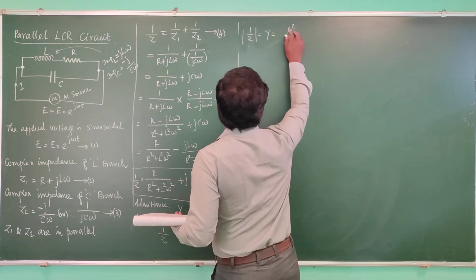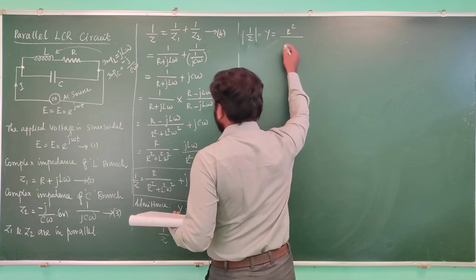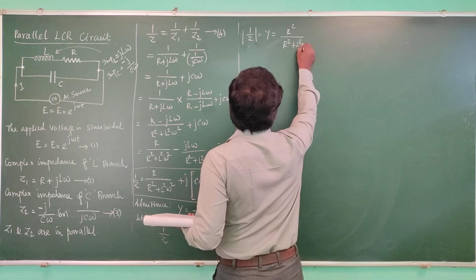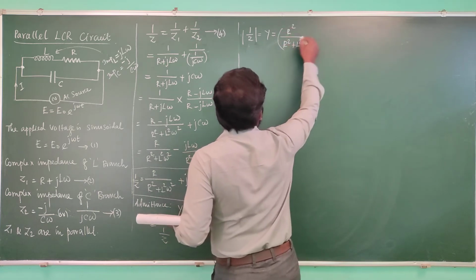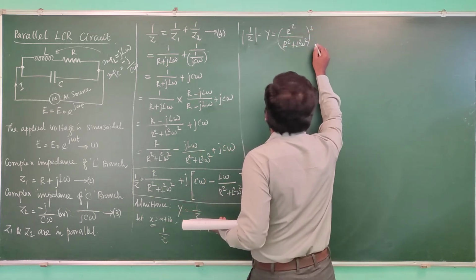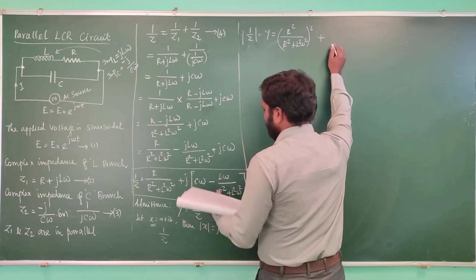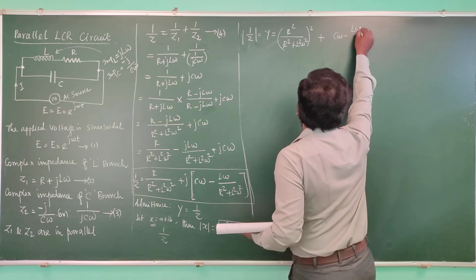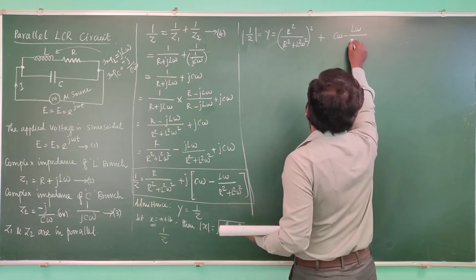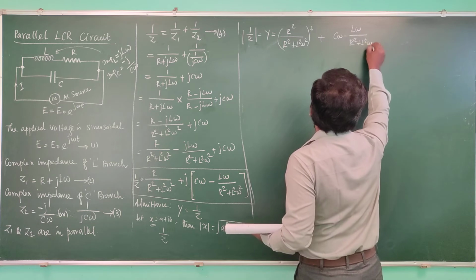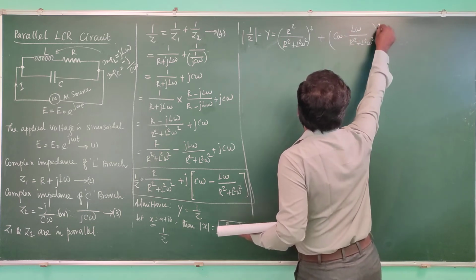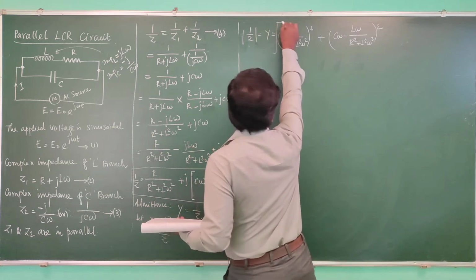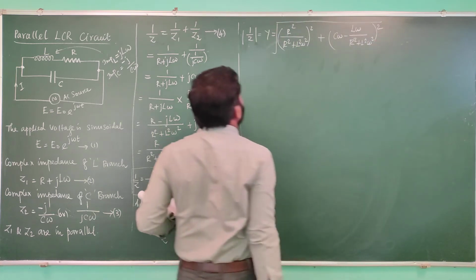That is R by (R square plus L square omega square), the whole square, plus this term (C omega minus L omega) by (R square plus L square omega square), the whole square, and we have to take the square root of it.